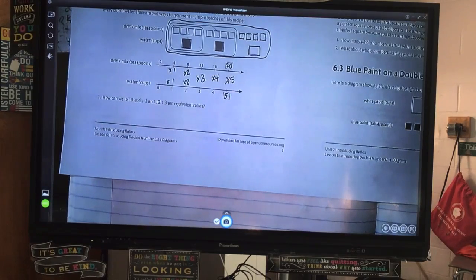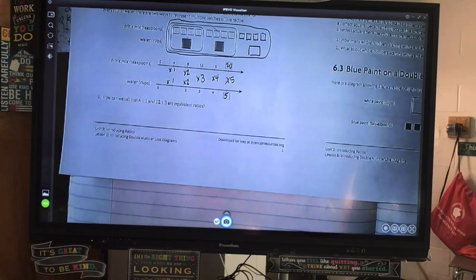Because they're multiplied by the same number to get. You're almost there. You're on the right track. What do you mean the same number? So let me help you out.